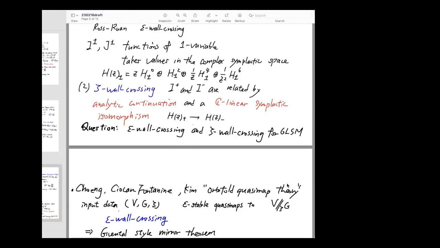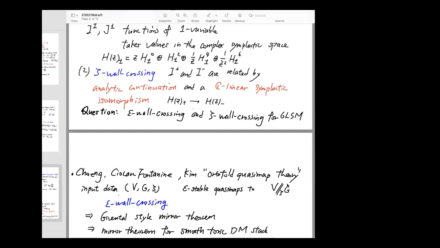So let's first recall what is done for orbifold quasimap theory, which can be viewed as a mathematical theory of gauge linear sigma models without superpotential. The input data is just V, G and zeta, and it counts epsilon-stable quasimaps to this GIT quotient.